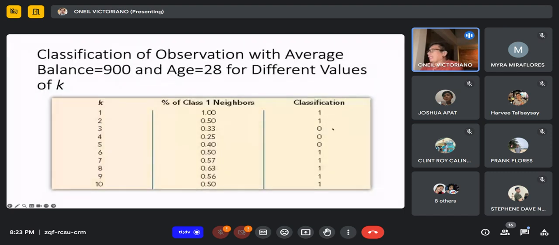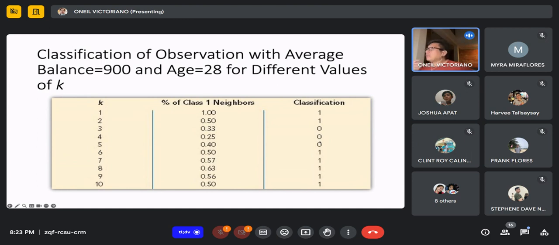And we say that this is the percent of the class 1 neighbors, this is the percentage over the nearest. So we can say that ang near daw na 0.5, higher than 0.5, we say the classification in 1. Meaning, pwede siya mag-loan. No? So yes or no. 1 for yes, 0 for no.